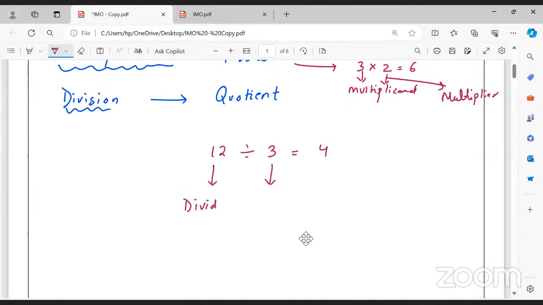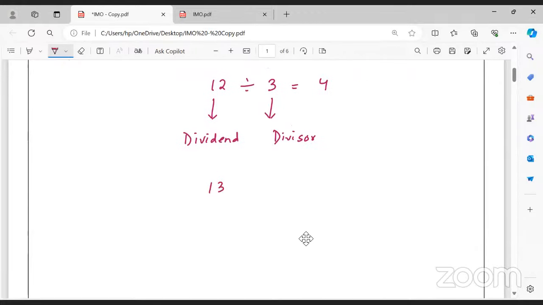It is called dividend. The number that gets divided is called the dividend, and the number by which we divide is called the divisor. Right? Supposedly, if my question is 13 divided by 3, here I get my quotient as 4 and my remainder as 1. This leftover is my remainder. Yes or no? Correct?